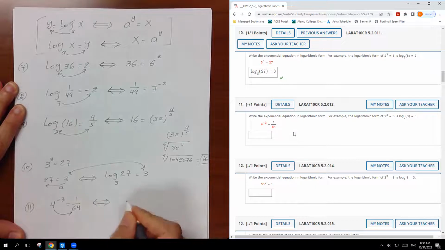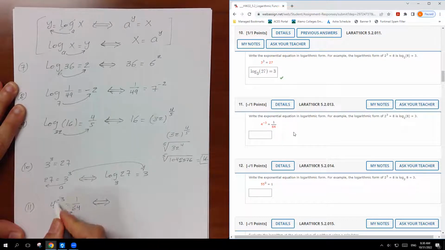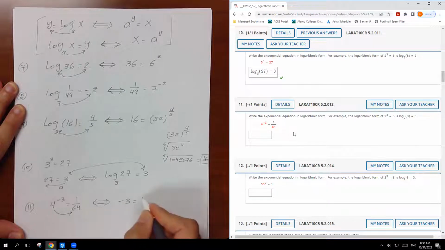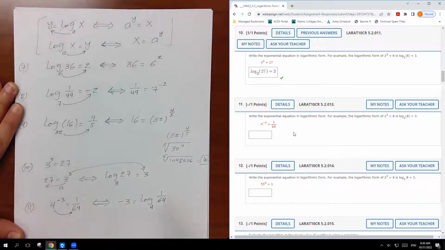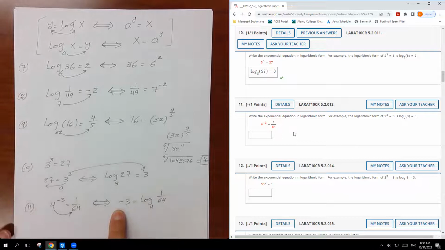So when I move the base, the left here is just -3. That means -3 is going to be equal to the log, and here's the x, and the base is 4. That means log to the base 4 of 1/64 is going to be -3.